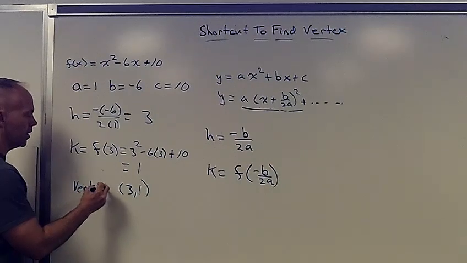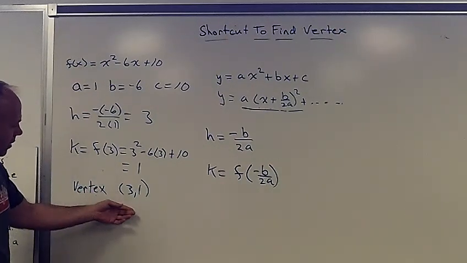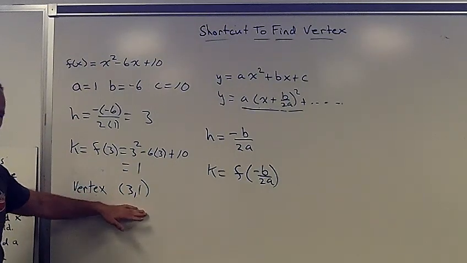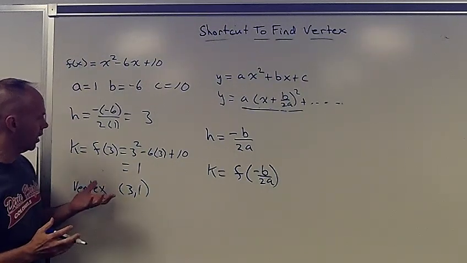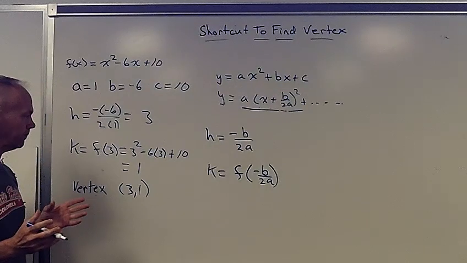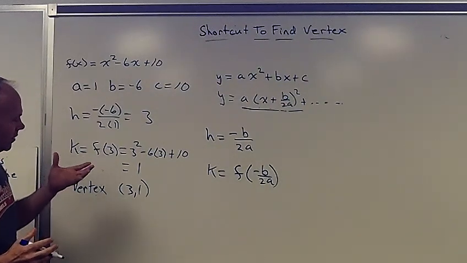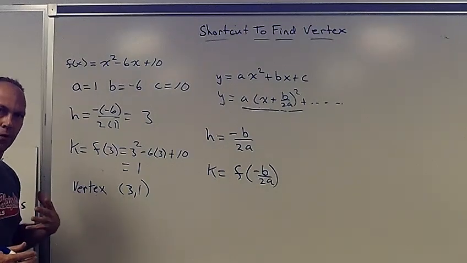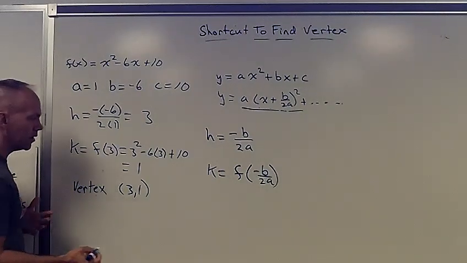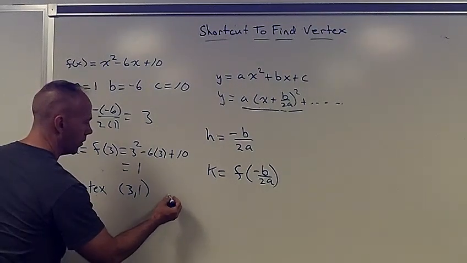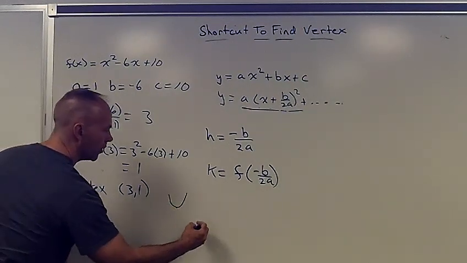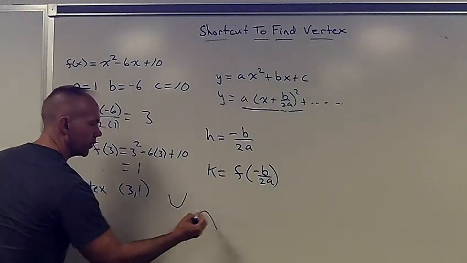Wow, that was quick. Now, one thing that we haven't identified here about our parabola, that we did when we completed the square, was: is this vertex a maximum or a minimum? Does the parabola open upwards, yielding a minimum, or does it open downwards, yielding a maximum?